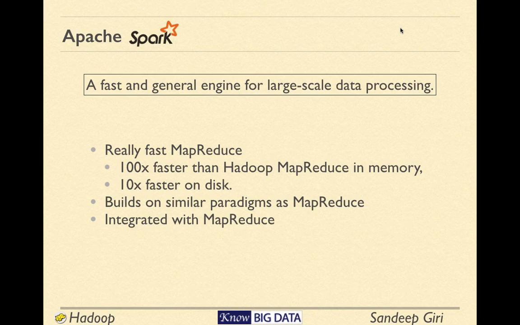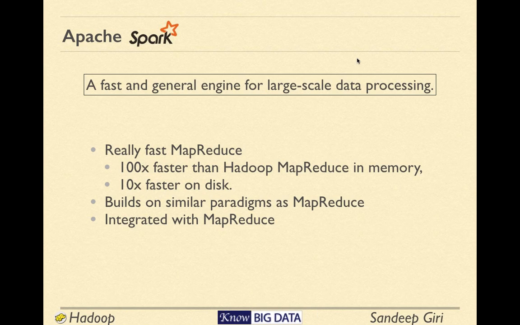Good. So Apache Spark, which was developed around the end of 2013, is a very fast and general engine for large-scale data processing. Basically, it is for processing, for computing, not for storage.